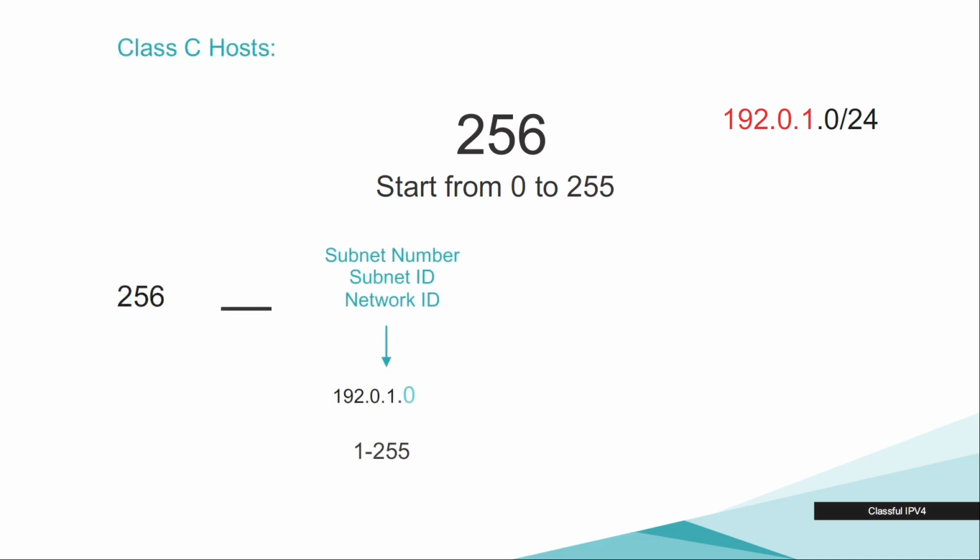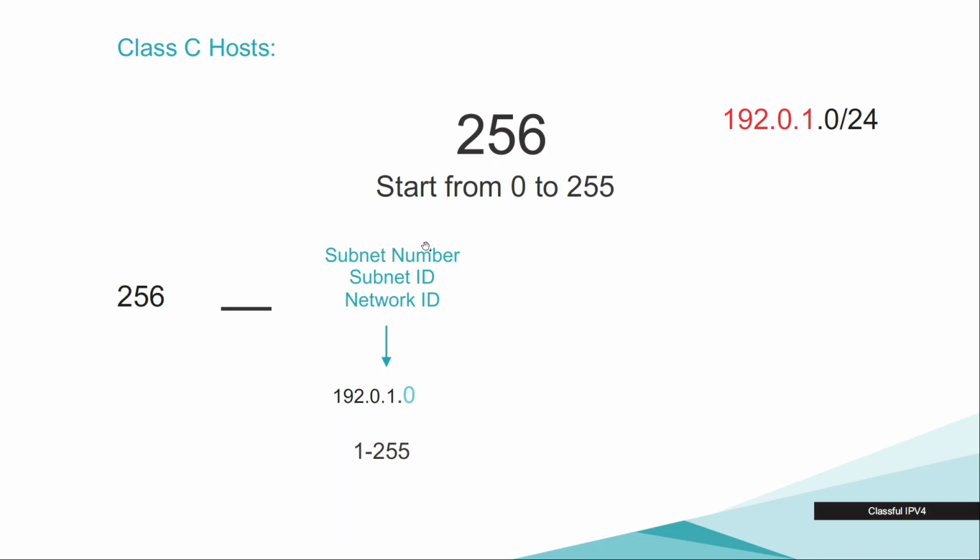So for the host address, the first IP address, which is going to be 192.0.1.0, cannot be assigned to any device, and this IP address represents the name of the network. So this first IP address we call the subnet number, subnet ID, or network ID, and we cannot assign it to any device.